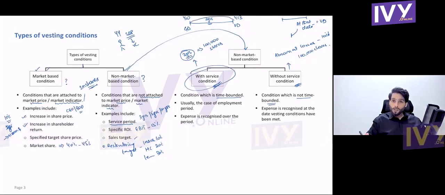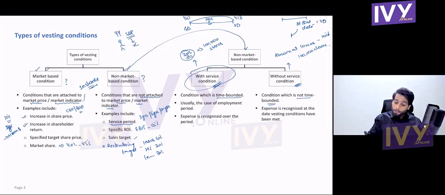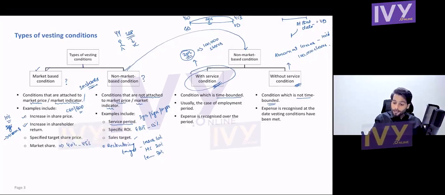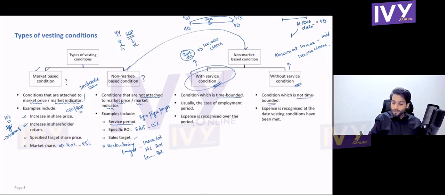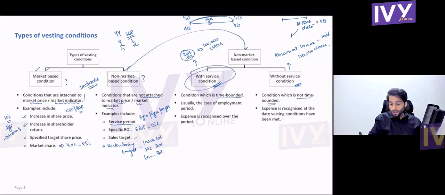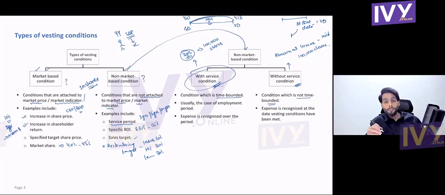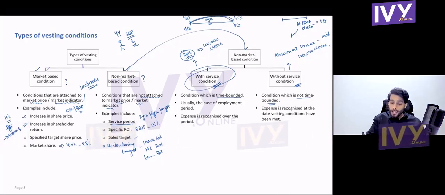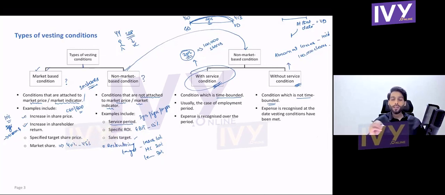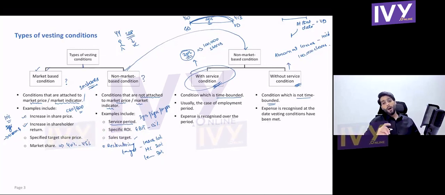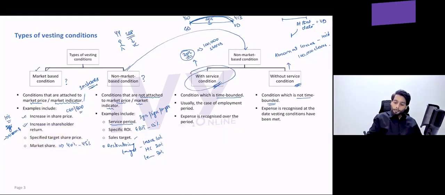The employee is going to provide you services for 3 years. So IFRS 2 says that if the benefits to the entity by employment of Mr. Yasir Yamin are going to come in 3 years, then the expense should also be recognized over 3 years according to the matching concept. So for example, in the first year, 1/3 of the expense must be booked.